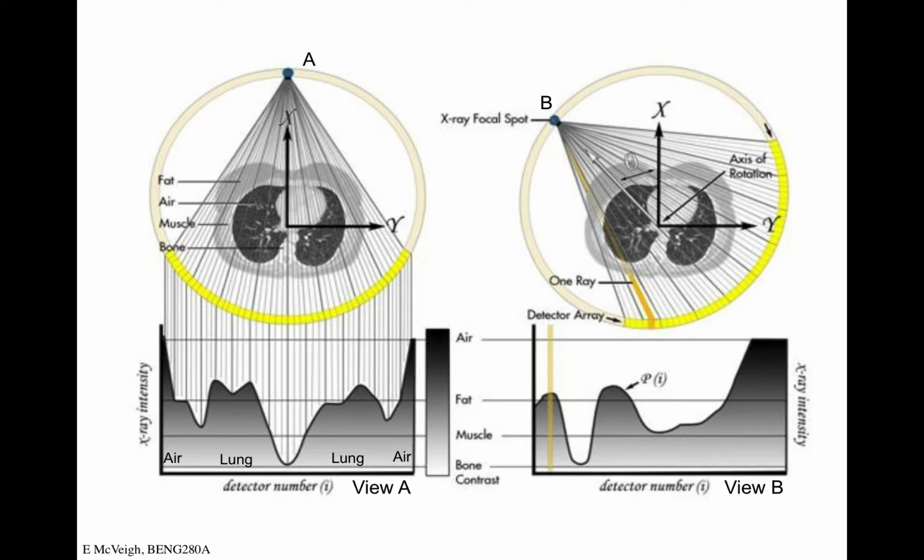So the basic diagram of how X-rays pass through a person and are detected on our hardware looks like this. We have the detectors along here, and we're going to read out. They make a flash of light when an X-ray hits it, and then that flash of light is turned into a voltage, right?